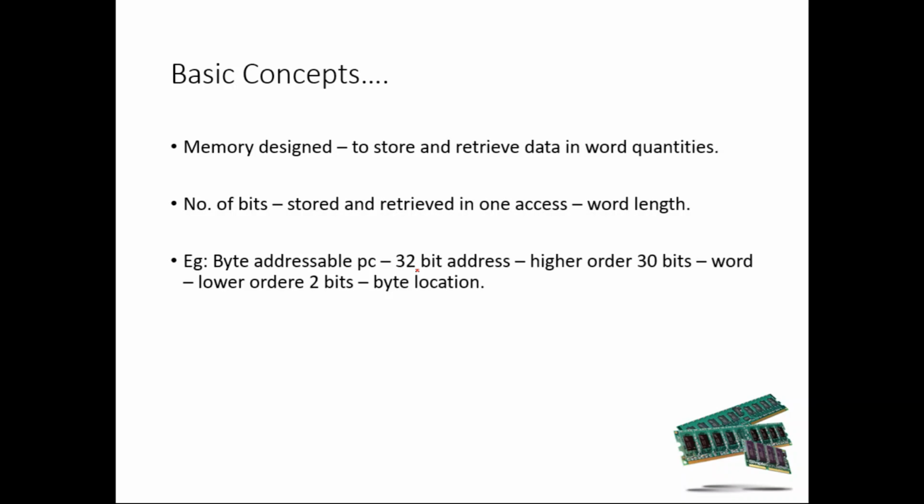Or else you can also say that the number of bits stored and retrieved in one access is called the word length. Access means whenever you perform a read operation or write operation, how many bits you read at one time or write at one time. That represents the word length of the computer. Okay.